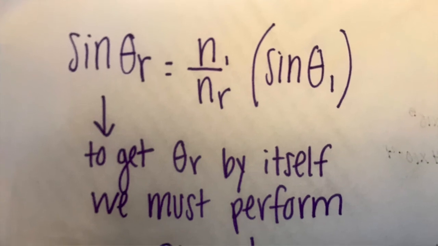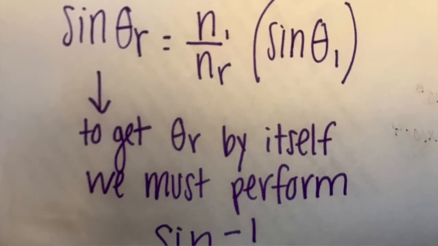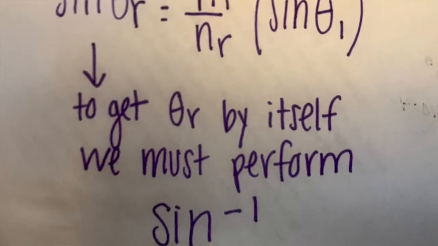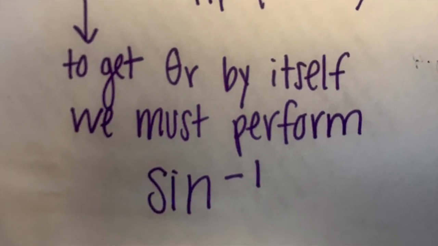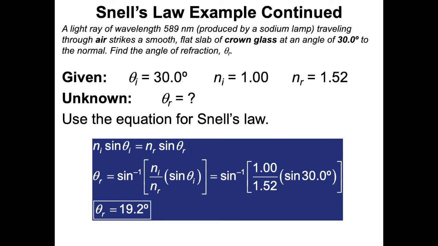You can't just divide by a sine. You have to do an inverse sine function. So we get that theta r is equal to the inverse sine of the entire left side, where you have ni divided by nr times the sine of theta i, the entire inverse of that.